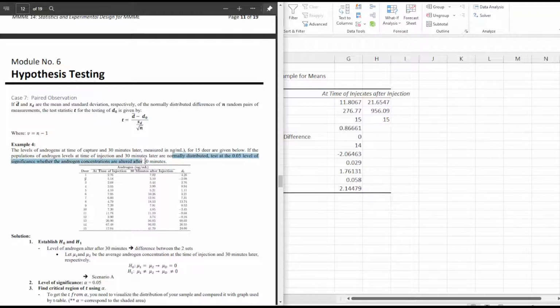Okay? So, hindi niya sinabi or hina-hypothesize na kung mas mataas ba ang 30 minutes after or mas mababa siya. So, wala siyang, kumbaga, any directionality. I use the term directionality, no, para mas ma-imagine nyo. So, in this sense, it's a two-tailed test, no?